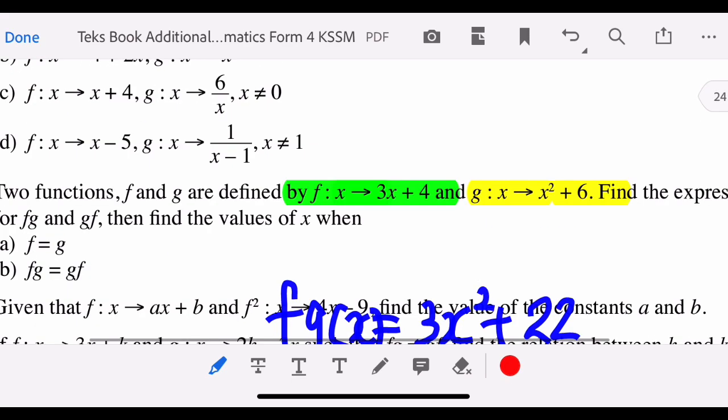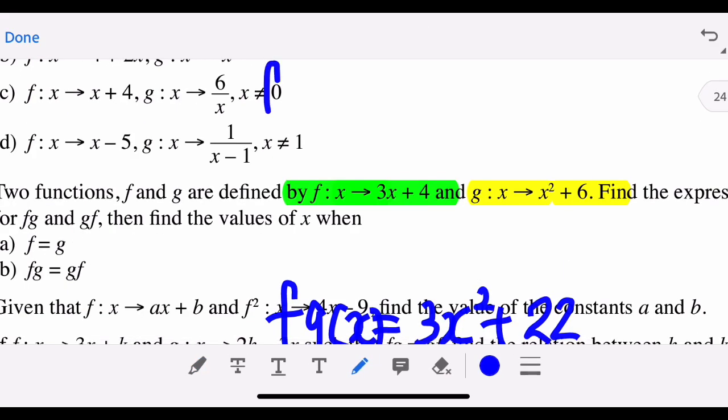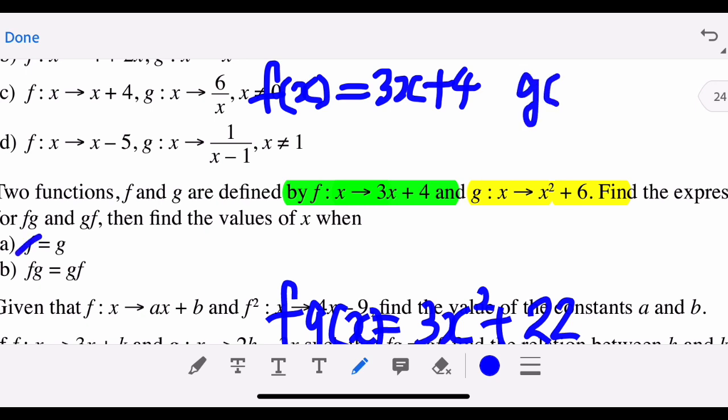So f(x) is equal to 3x plus 4, for f. For g, g(x) equals x squared plus 6.